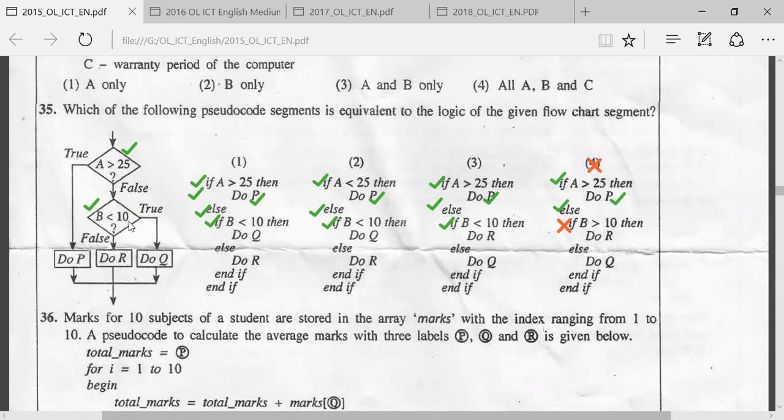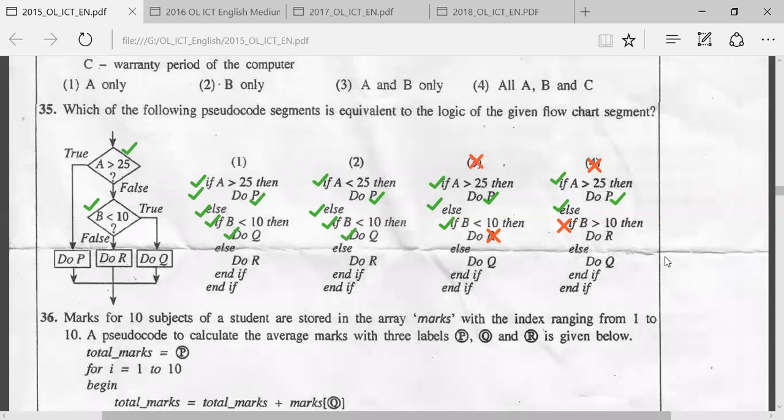When B is less than 10, if it is true, do Q. So when the condition is true, the do Q statement will be executed. In this case, do Q is there, do Q is there. Here, do R. So this is wrong.